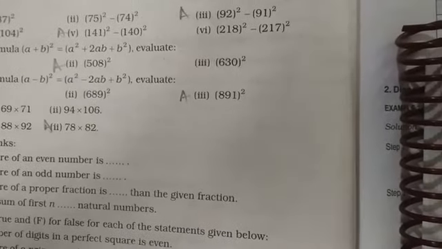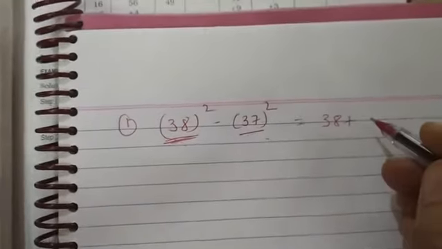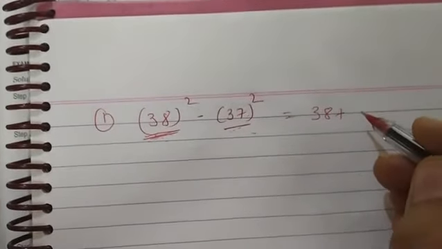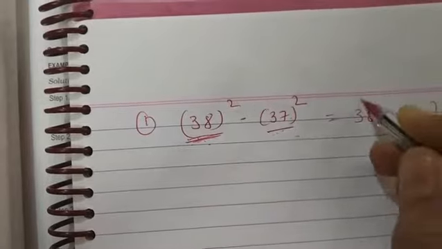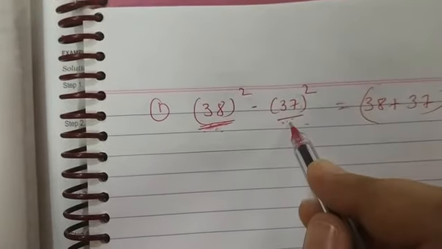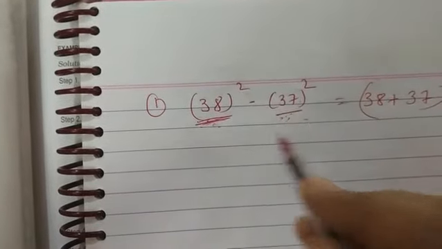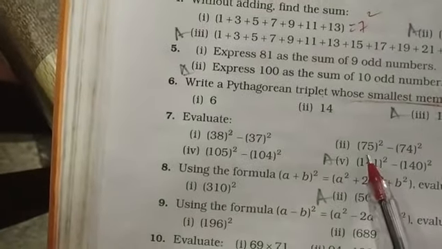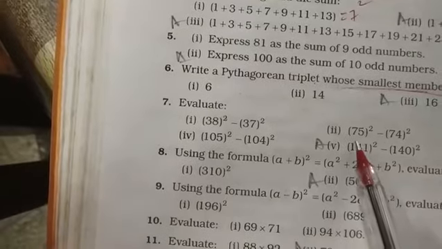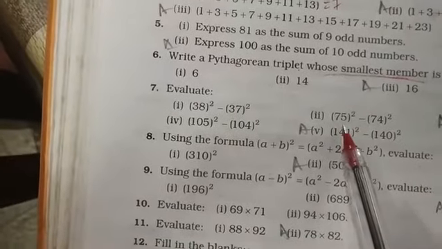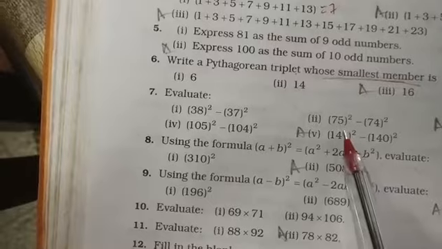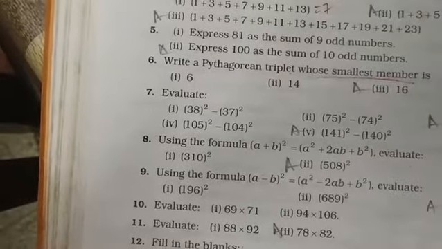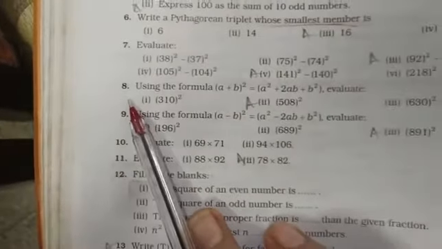So directly we can write 38 plus 37, you will get the answer. The difference of the squares of two consecutive numbers: 25 square minus 24 square will be equal to 25 plus 24.